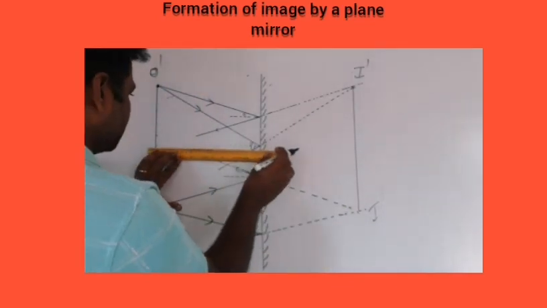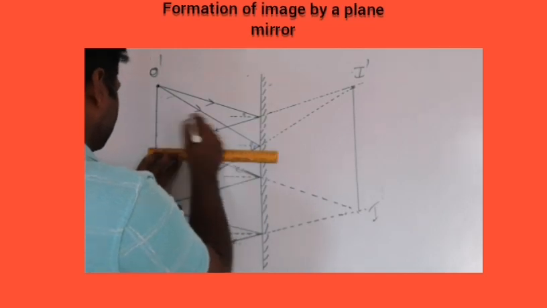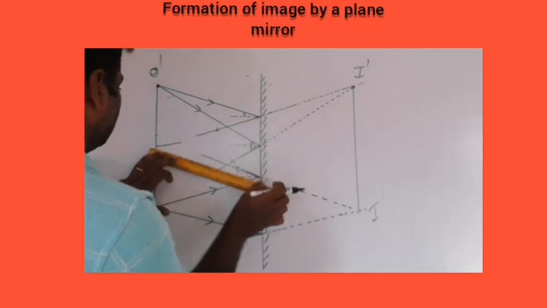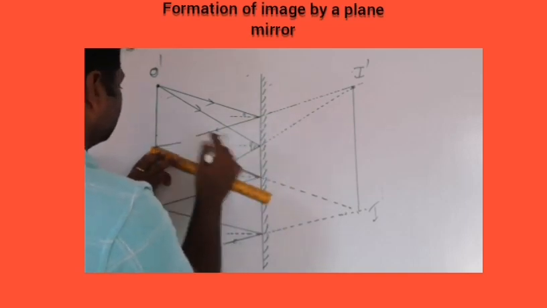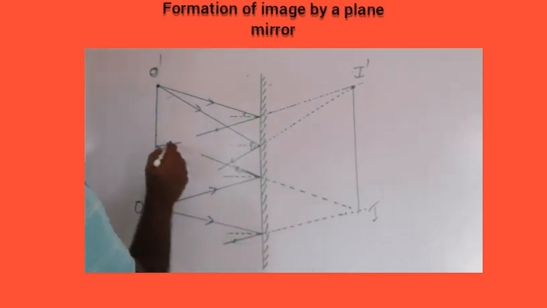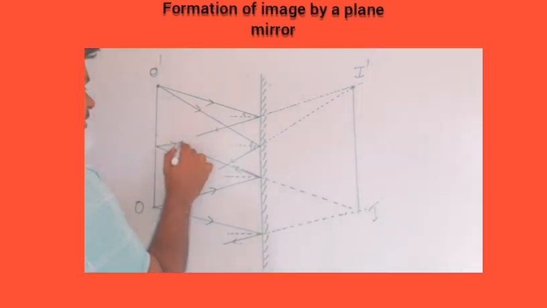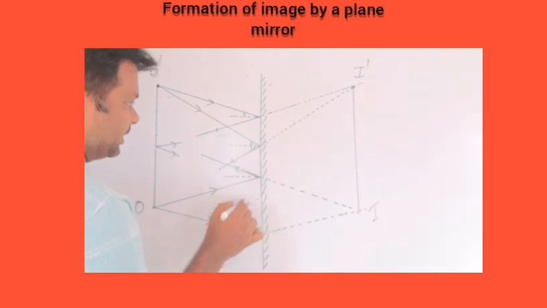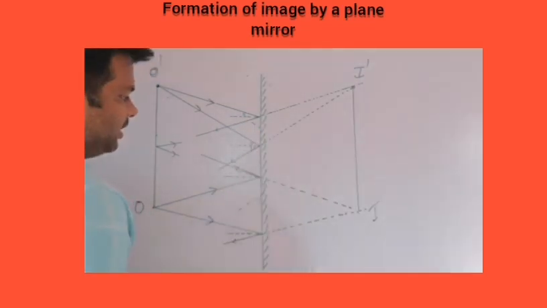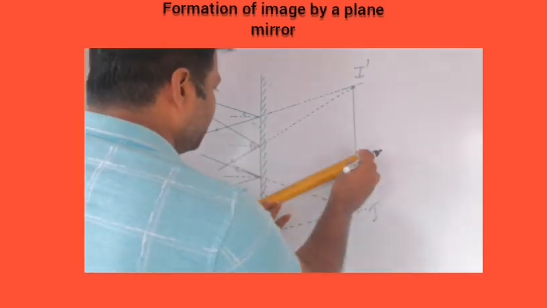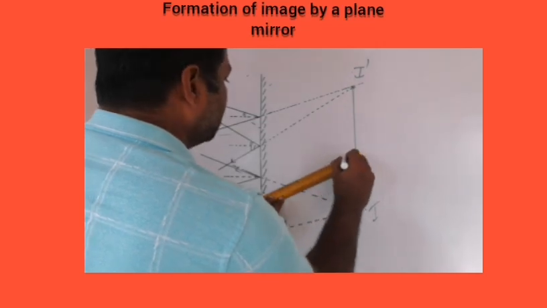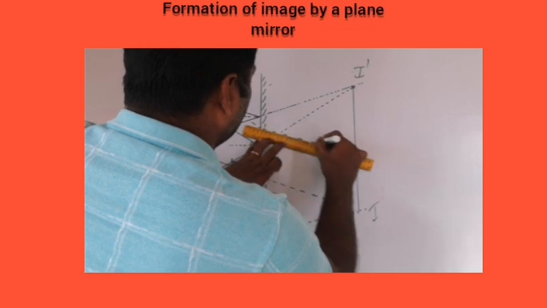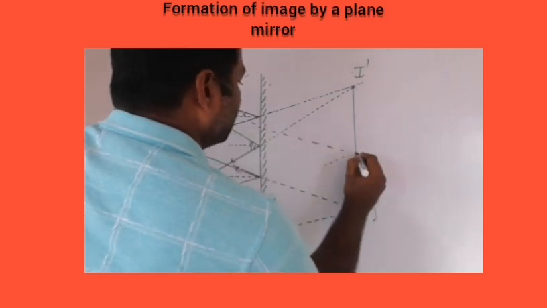So the rays which are generated from this point like this and this, two more incident rays I have chosen here. They are incident here and here, after bouncing back they are reflected like this, and when you extend these reflected rays, they meet at the same point.